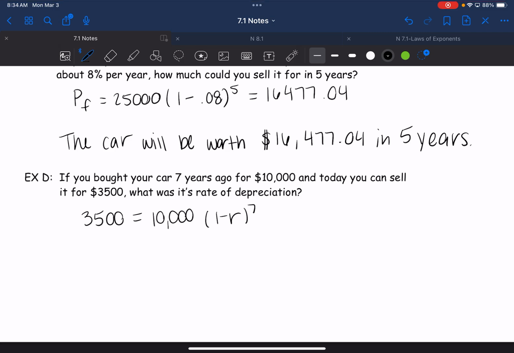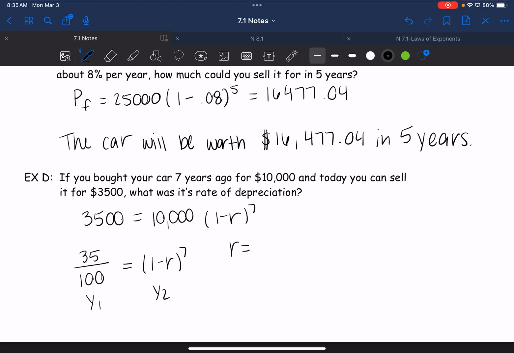Okay, so we probably divided by the 10,000. So in y1, we could have put 35 over 100. And in y2, 1 minus r to the 7, right? So here was our y1, here was our y2. We could have looked it up in the table even.